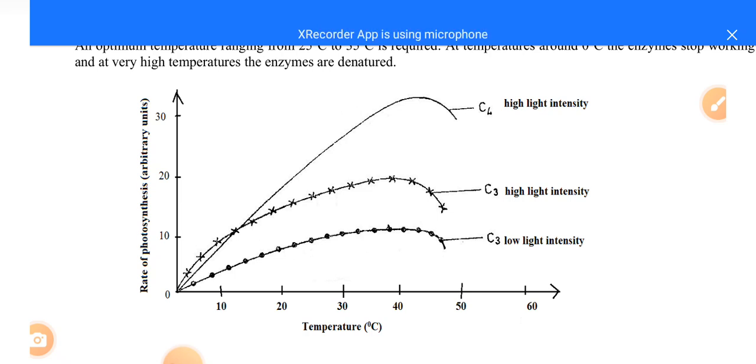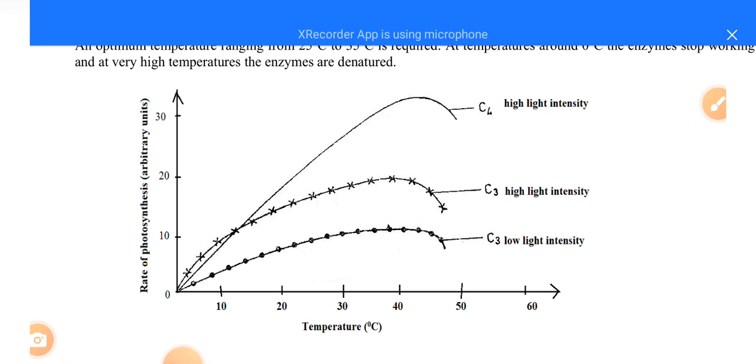For observation two, we can say that the maximum rate of photosynthesis in C4 is much higher than in C3. The reason is that the optimum temperature for enzymes involved in the C4 cycle is higher than in the C3 cycle.